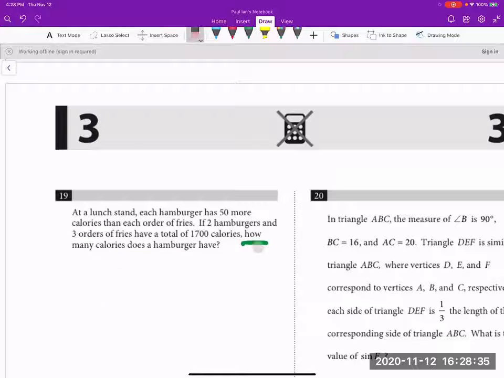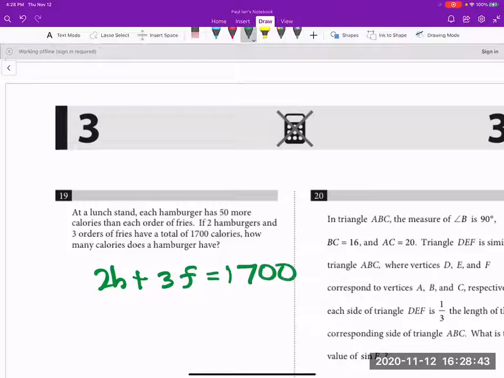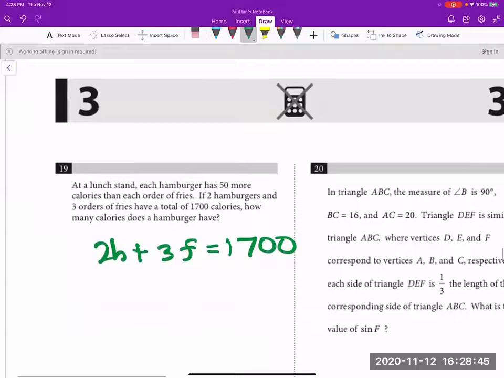It's a bunch of equations. 2h plus 3f equals 1700. That's one of the first ones. And the other one says h equals f plus 50, which is this first one.